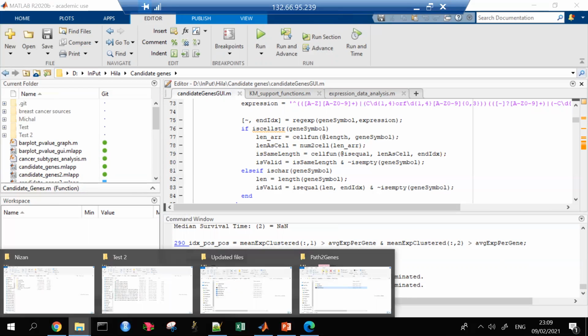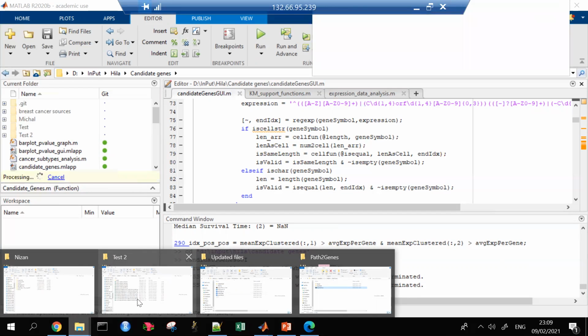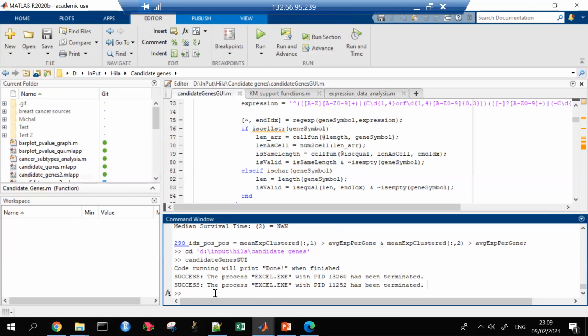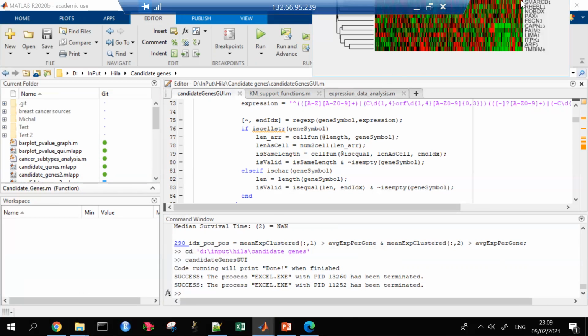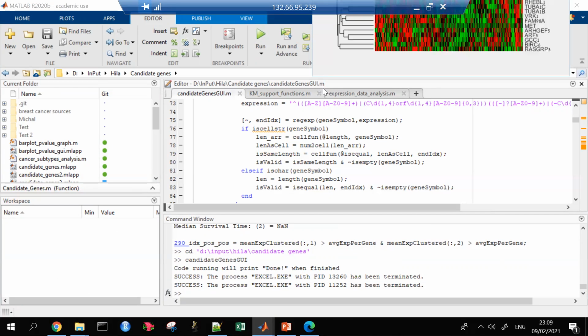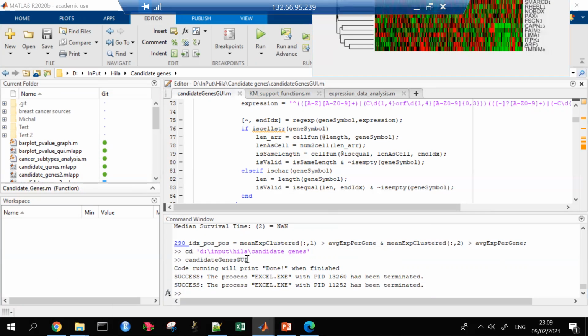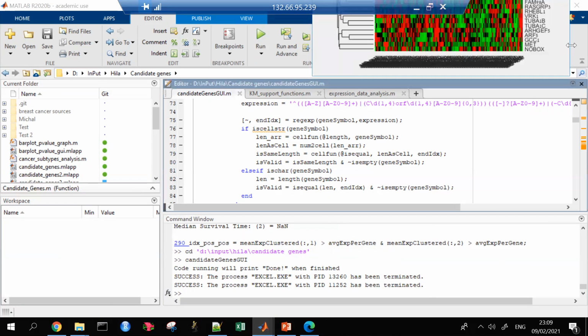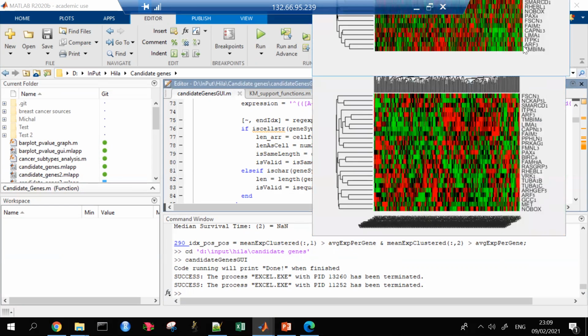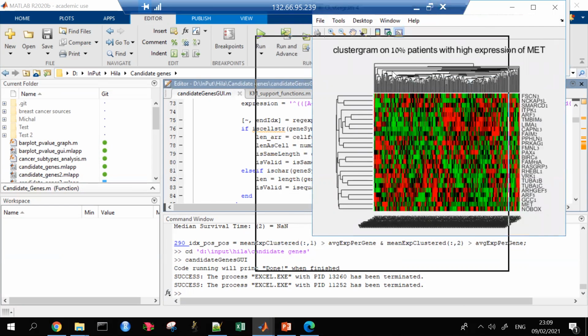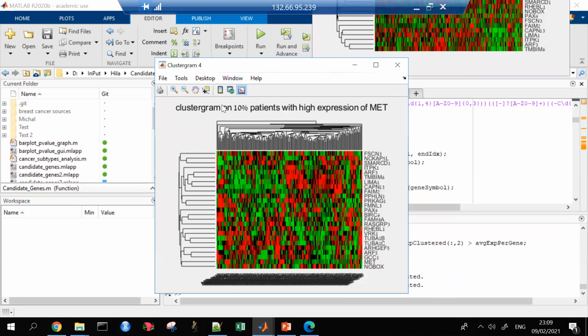Meanwhile, I will show you what you are supposed to get. While this calculation runs, you will get these figures open.